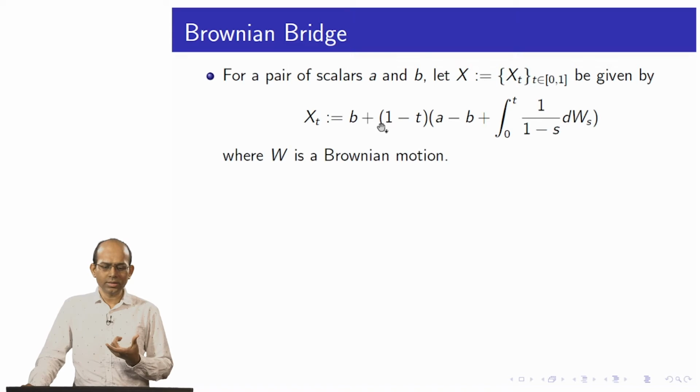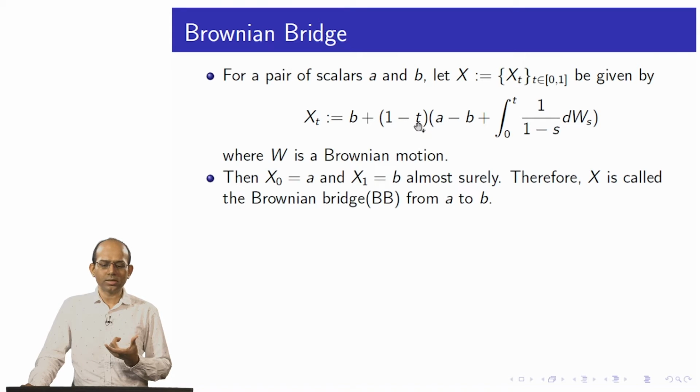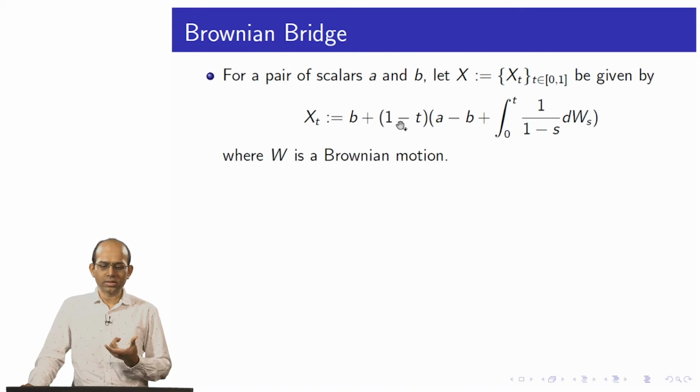On the other hand, here I would get 1 minus 0, that is 1 only. So I would get a minus b here, but plus b already present here. So b plus a minus b would give me a. That means, at time 0, x 0 is equal to a.